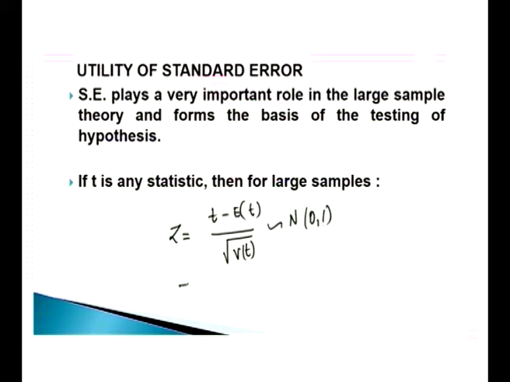Root of variance of T is nothing but the standard deviation of the statistic, and the standard deviation of the statistic is what is called the standard error, and it is shortly written as SE of T. Okay, this is for large samples.